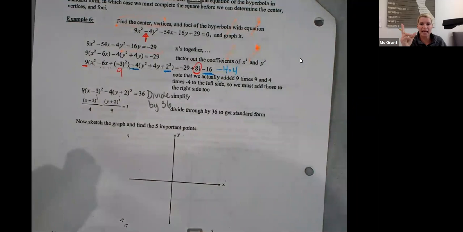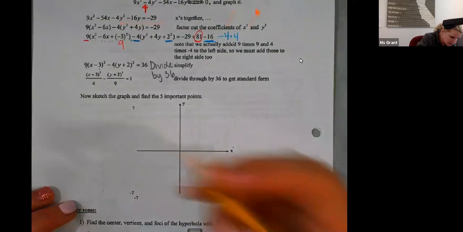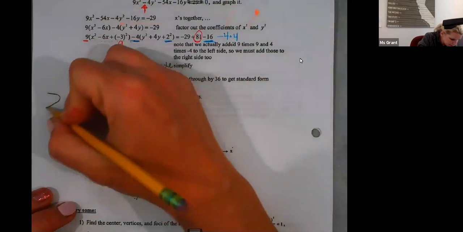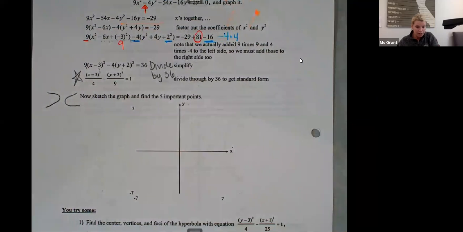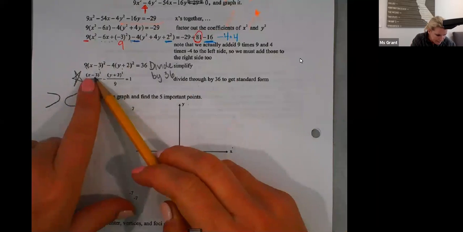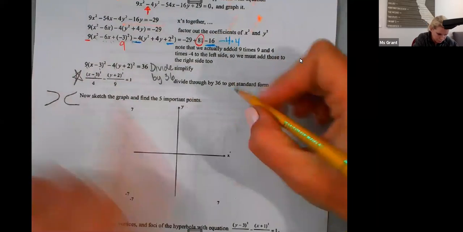Now I can figure out what's A, what's B, what's my center, HK, right? This is a leading term, x squared, which means it opens left and right. So that means that my center is going to be at +3, -2.